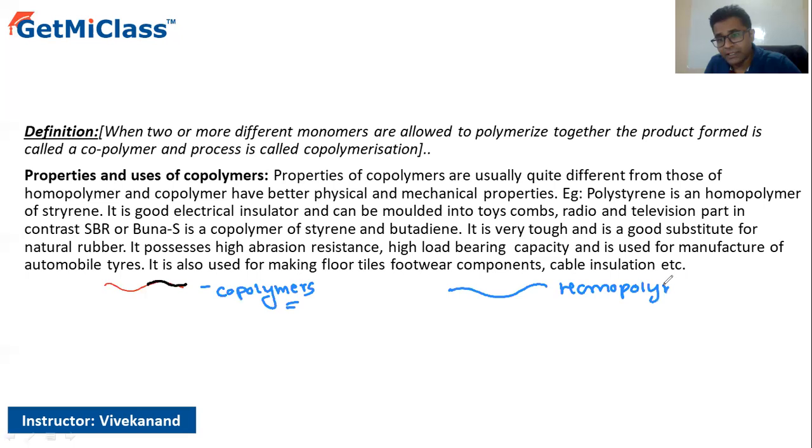Now we already know that the homopolymers are the polymers which are formed from only one type of monomeric unit. When we observe their properties, copolymers are formed to have better mechanical and physical properties when compared to the homopolymers.